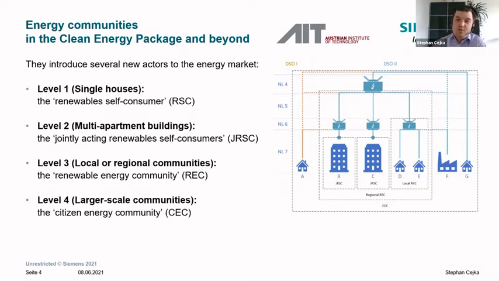The local renewable energy communities are defined to operate on network levels 6 and 7, and regional renewable energy communities can furthermore also cover network levels 4 and 5. As I said, citizen energy communities are not restricted to any level.